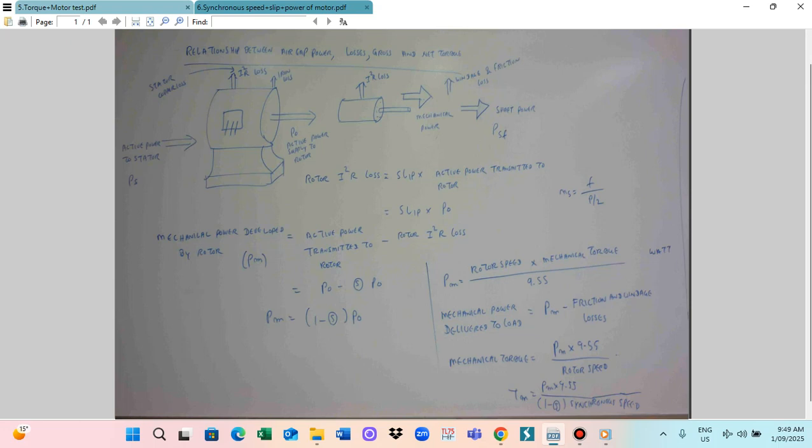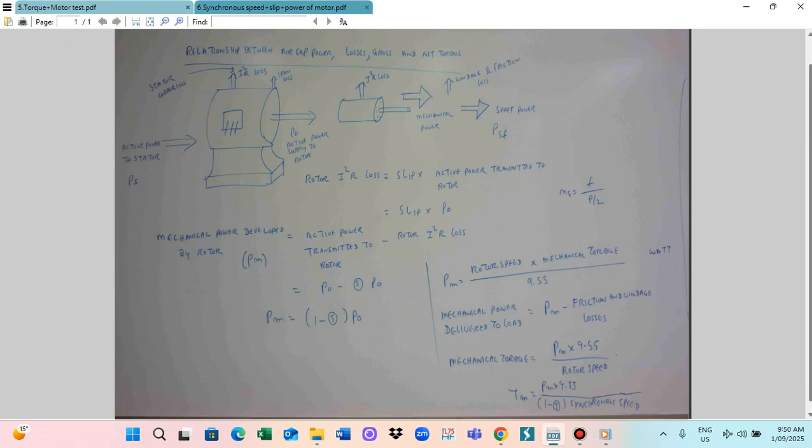Pm is equal to (1 minus slip) multiplied by the synchronous speed. This gives the motor torque. Ns is calculated as 120 F divided by P, or F divided by P by 2.